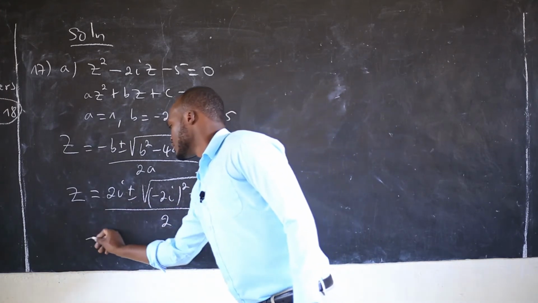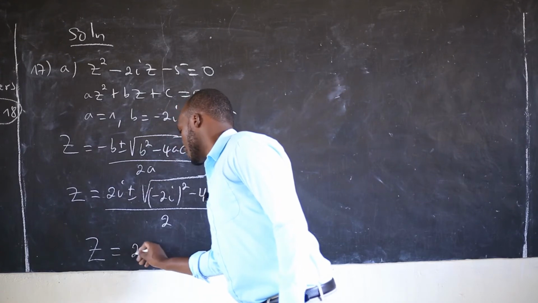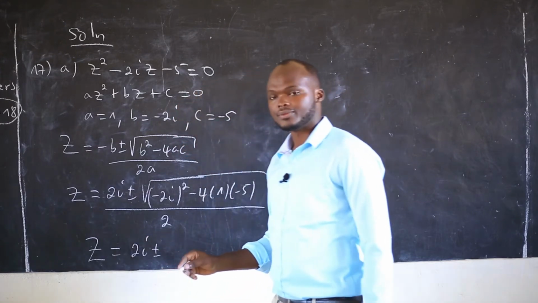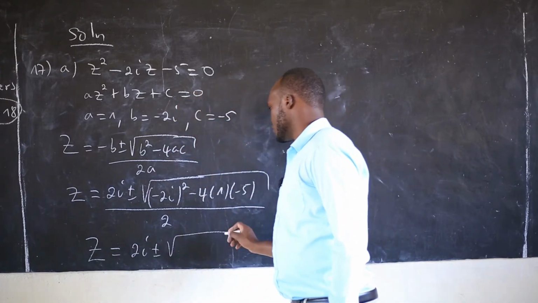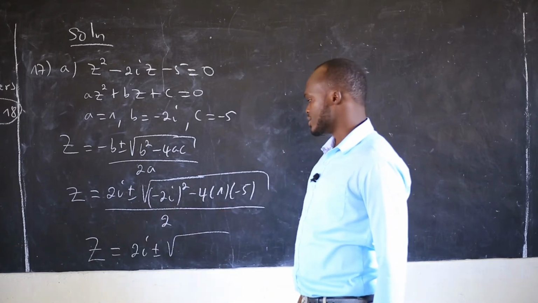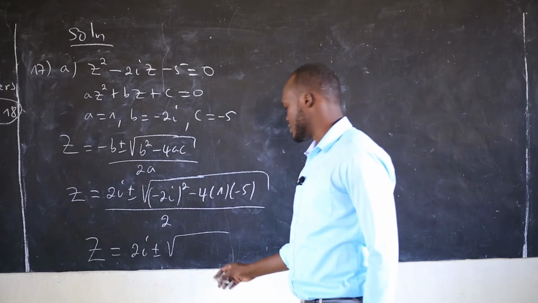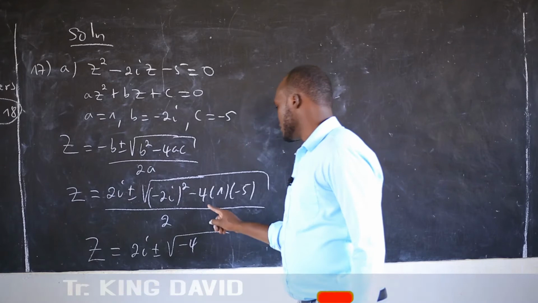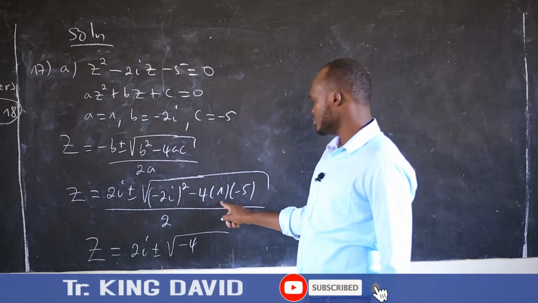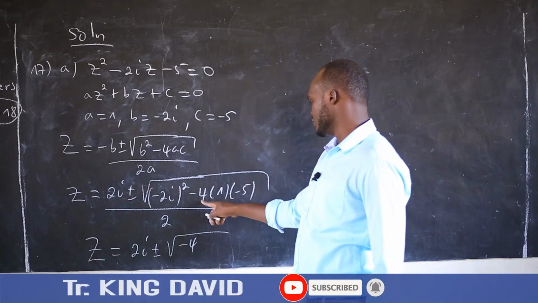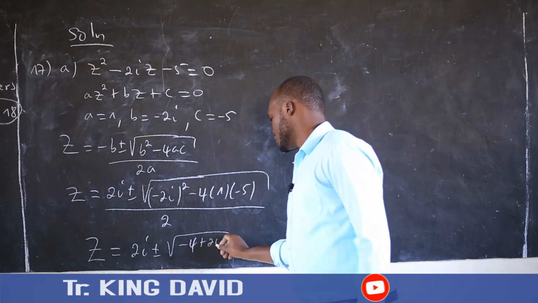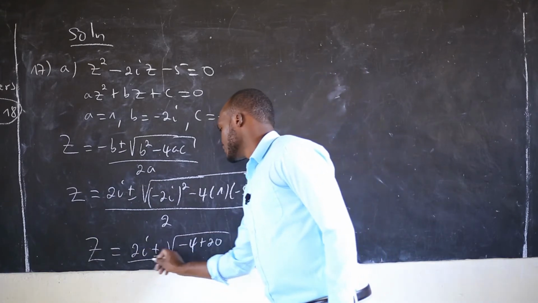So now z is 2i plus or minus the square root of 4i squared. i squared is negative 1, that's a negative 4, and this is positive 20, divided by 2.